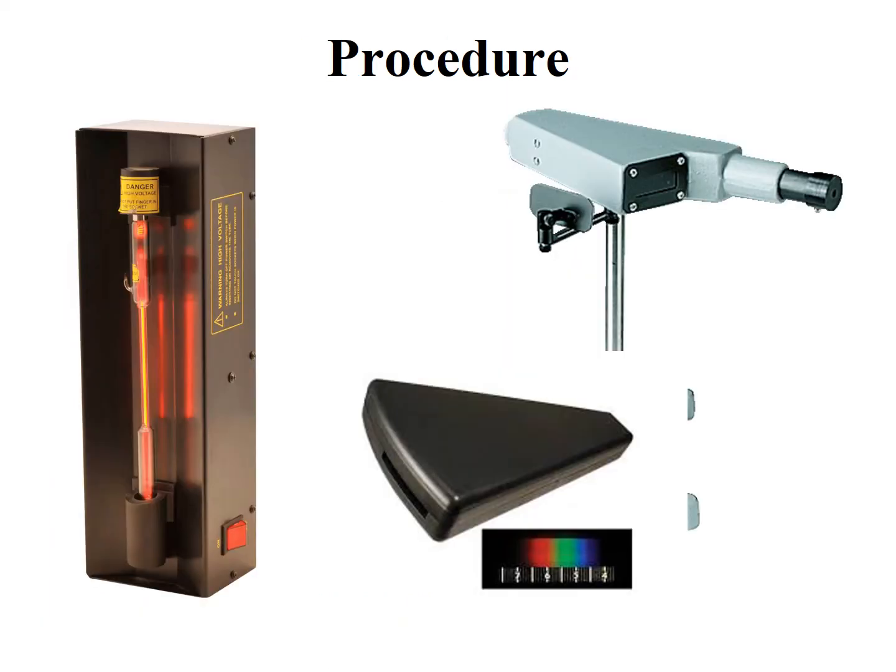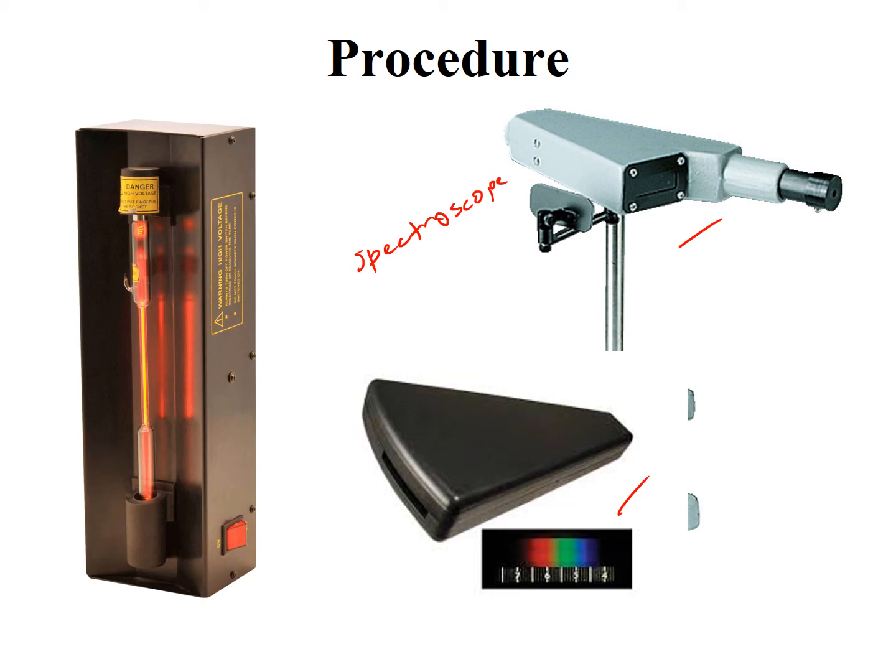For this experiment, you're going to use a device known as a spectroscope. It could be this form or this form. A spectroscope, or optical spectrometer, is an instrument used to measure the properties of light over a specific portion of the electromagnetic spectrum, usually used in spectroscopic analysis to identify materials.